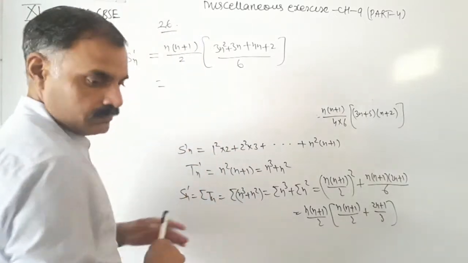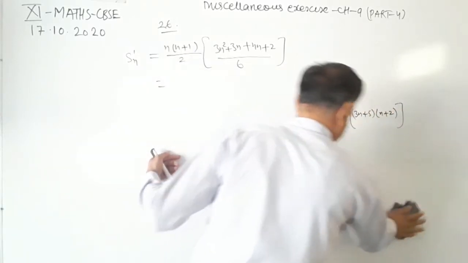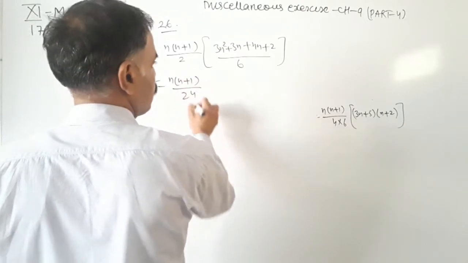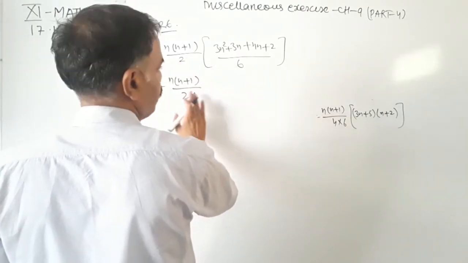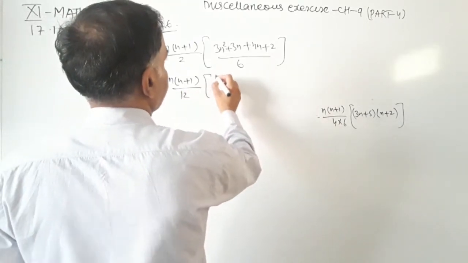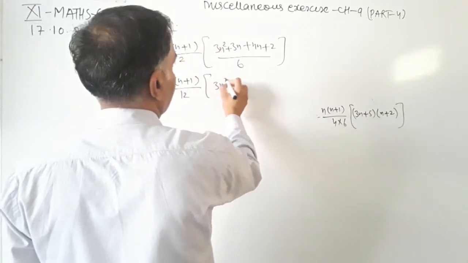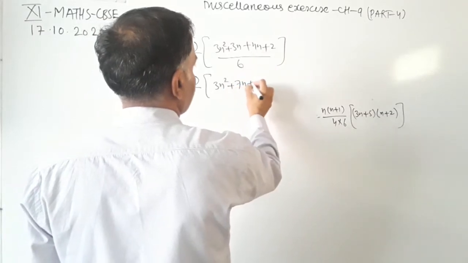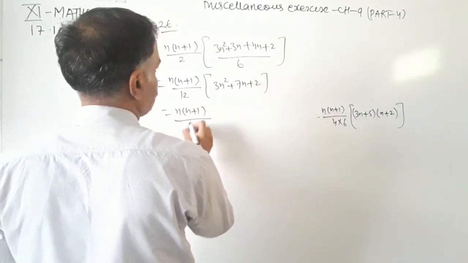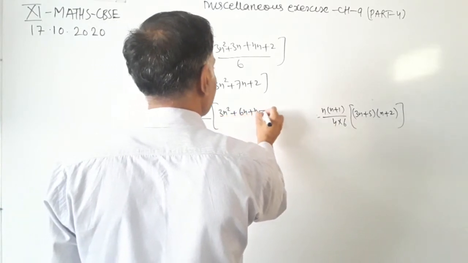So finally, solving this we will have n into n plus 1 by 12 into 3n square plus 3n plus 4n plus 2, that is 3n square plus 7n plus 2. So n into n plus 1 by 12 into 3n square plus 6n plus n plus 2.